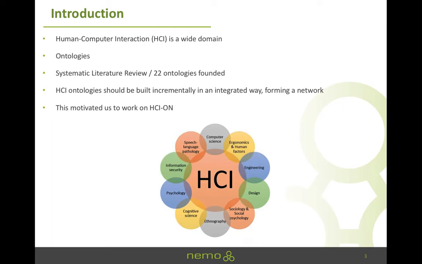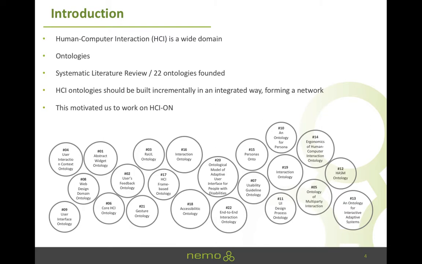To investigate the use of ontologies in human-computer interaction, we performed a systematic literature review and found 22 ontologies that cover different but sometimes overlapping contents. The ontologies were built completely isolated, and none of them reused or even discussed how to reuse or integrate ontologies.